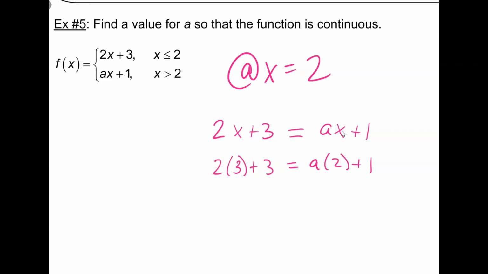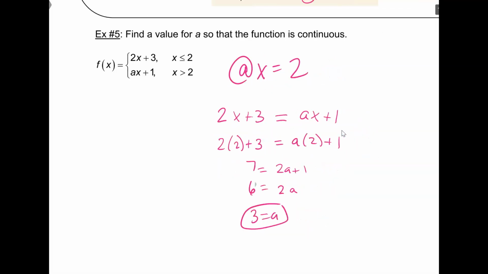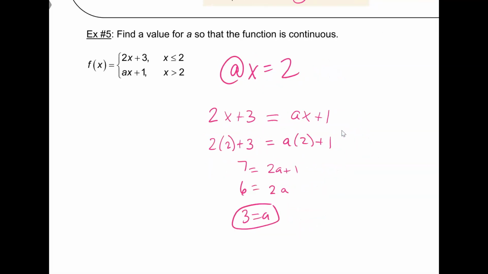Is a 3? Yes. So you plug in 2, because they need to match, so it's 2 times 2 plus 3, which is 7. So it's 2 comma 7, and you need the bottom half to also equal 2 comma 7. So what times 2 plus 1 is 7? It's 3.